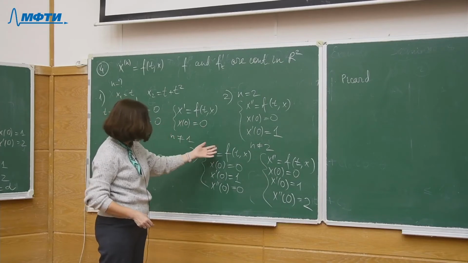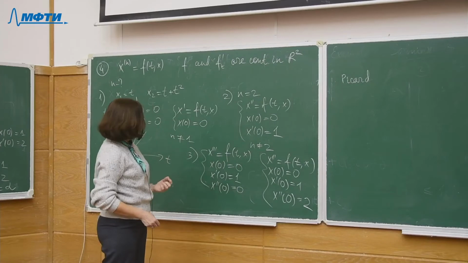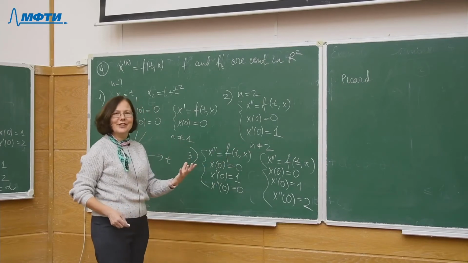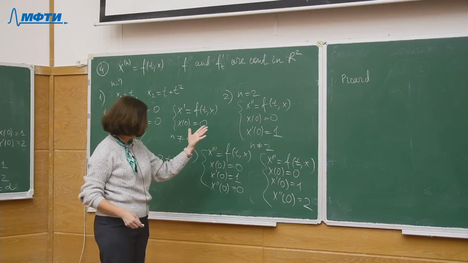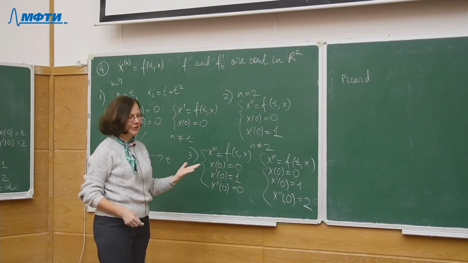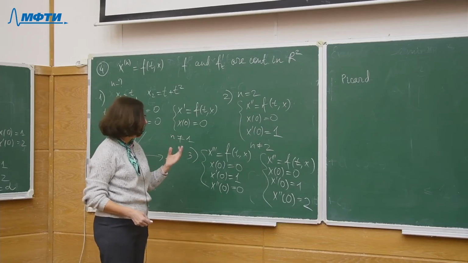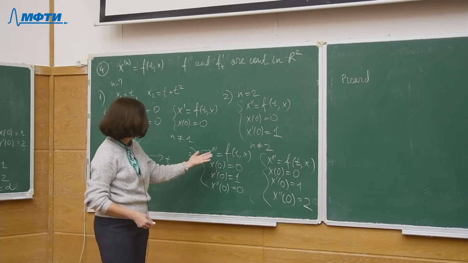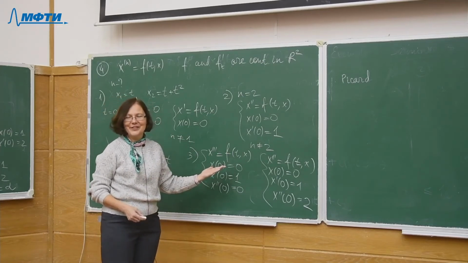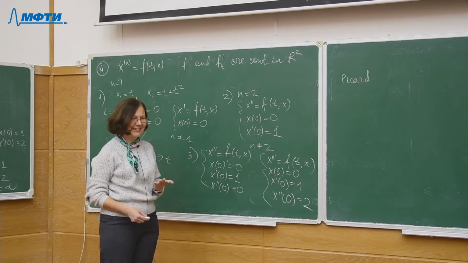So it is possible to find a function f such that these two different initial value problems have a unique solution each. But now, the last step is to find this function. Is it possible to find this function or not? I think it is possible.